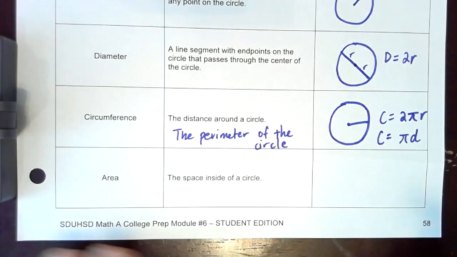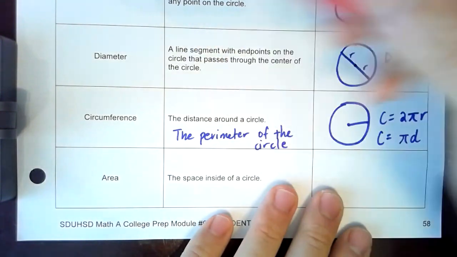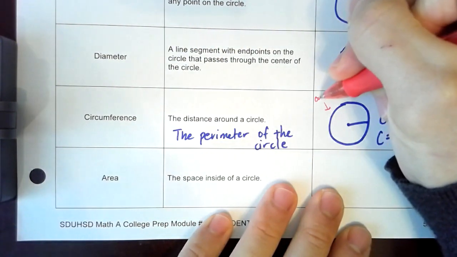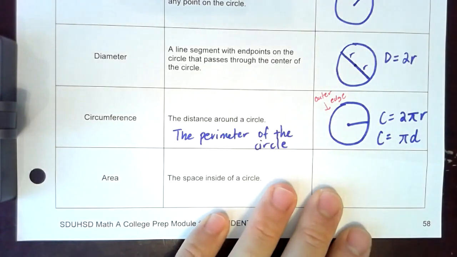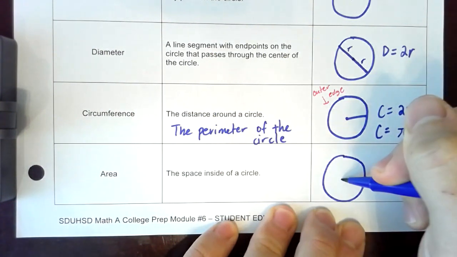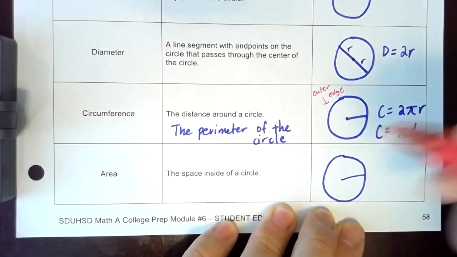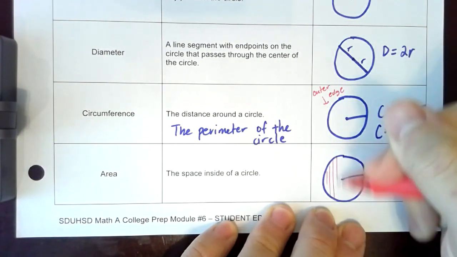And then the area is the space inside of a circle. So if the circumference is the outer edge, we know that the area of a circle is kind of like the space in between, right?